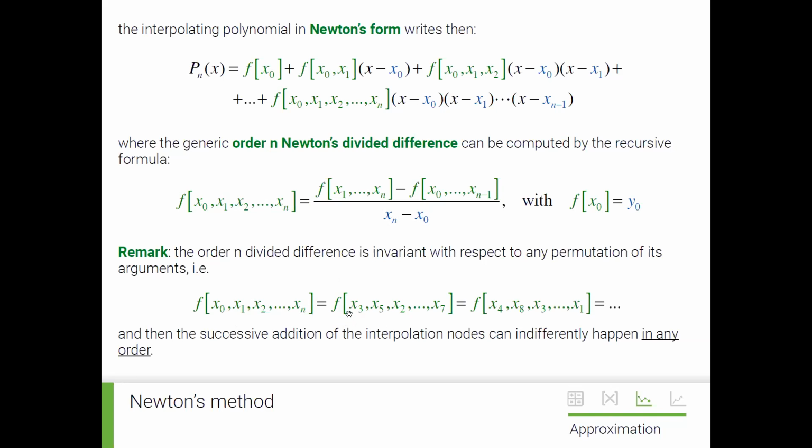Now you can see x3, x5, x2, and x7, and they are equal. So we can change the order; we can do any permutation. Invariant means it saves the value.